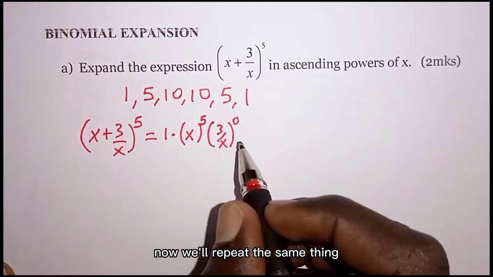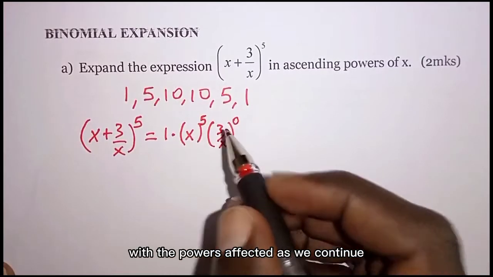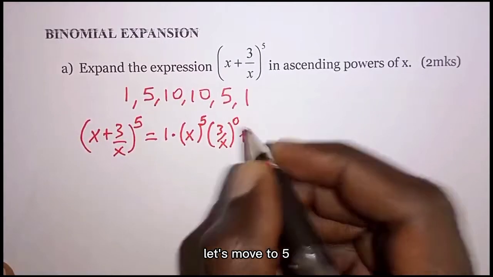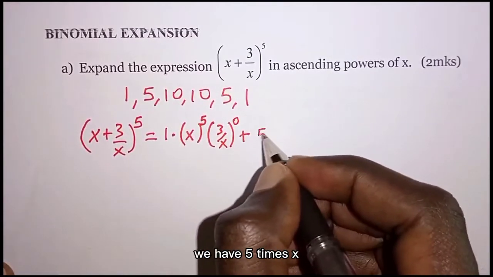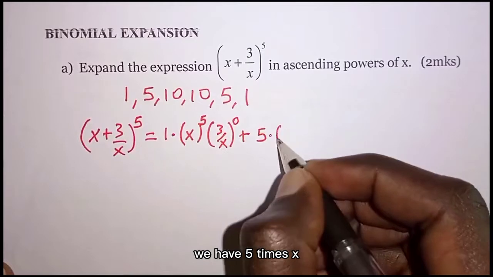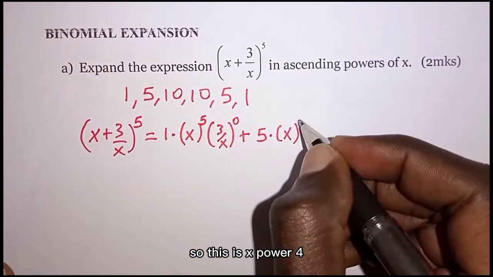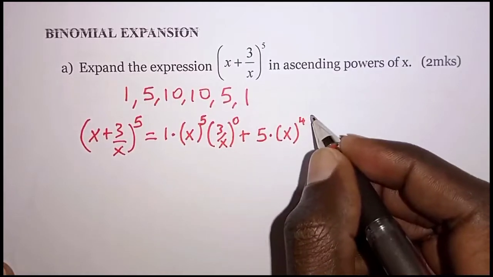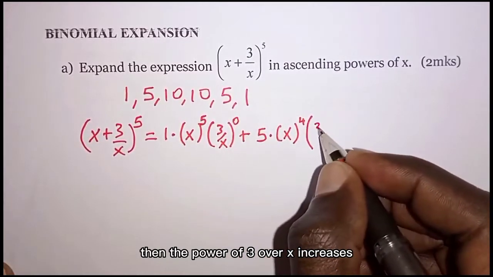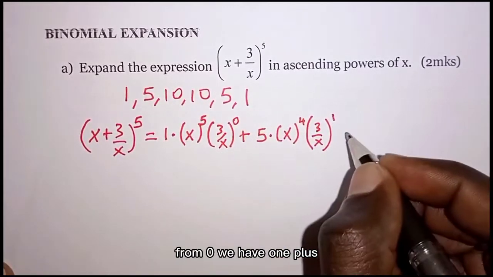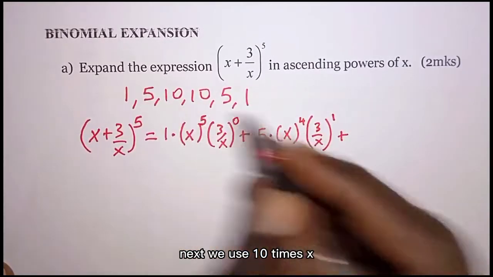Now we'll repeat the same thing with the powers affected as we continue with these other coefficients. Let's move to 5. So we have 5 times x. Now the power of x decreases, so this is x^4, and then the power of 3/x increases, so from 0 we have 1.